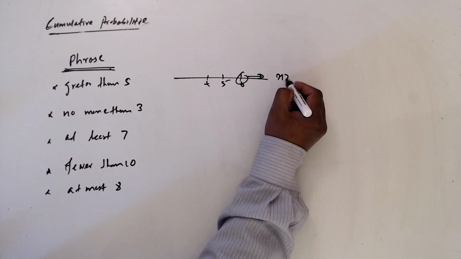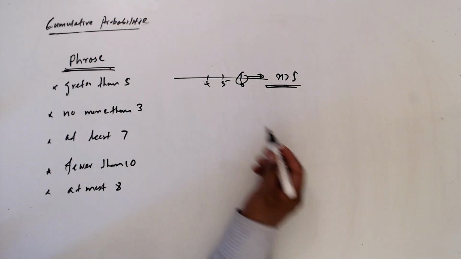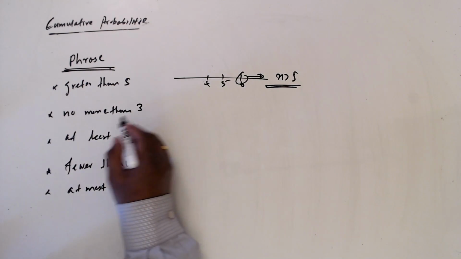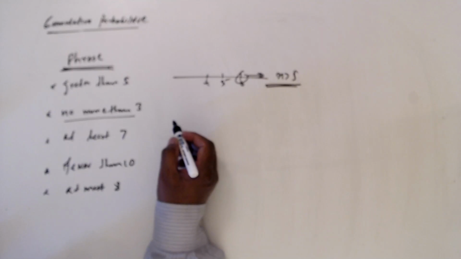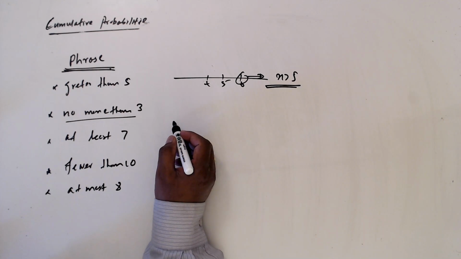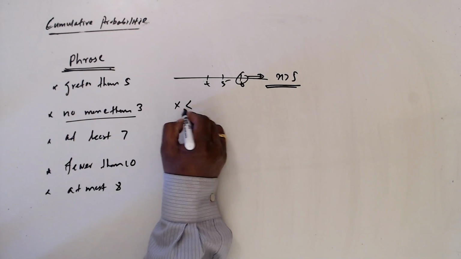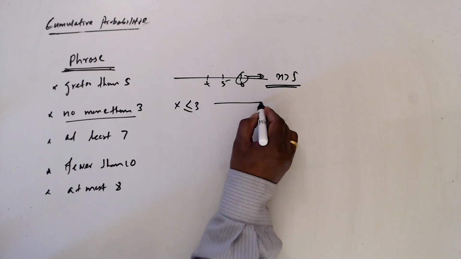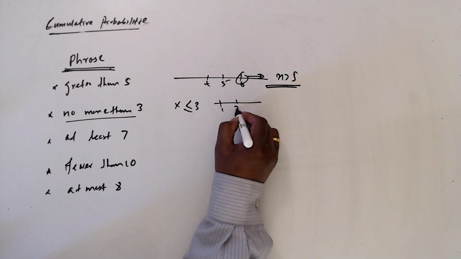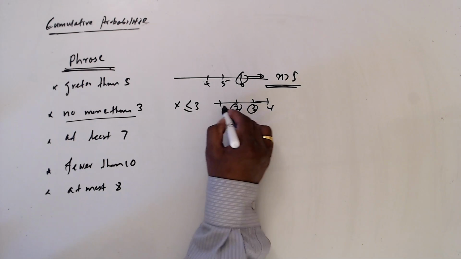So x greater than 5. And no more than 3. No more than 3 means, do you think that you can take x equal 3? Yes. x less than or equal to 3. So 1, 2, 3, 4. Yes, including 3.